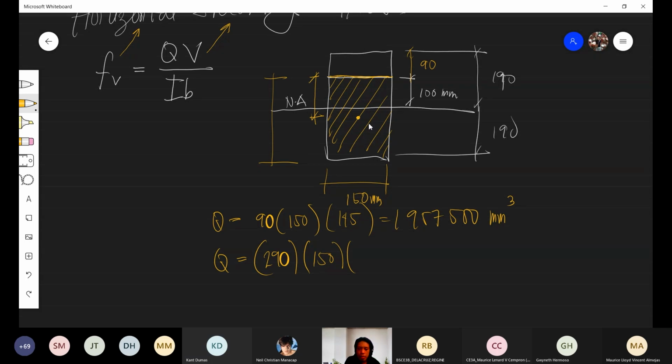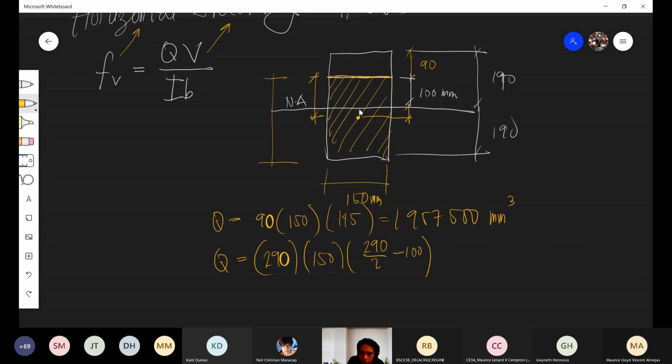That is 290 over 2, and from the neutral axis to the fiber, that is 100. So minus 100. This distance is the half of this distance minus 100. That is 290 over 2 minus 100.